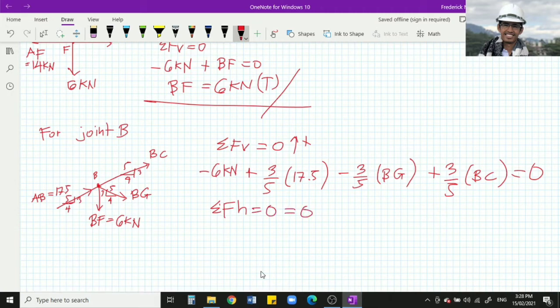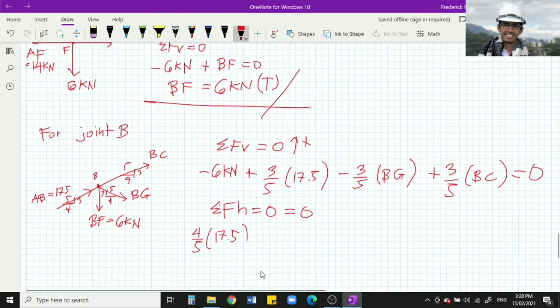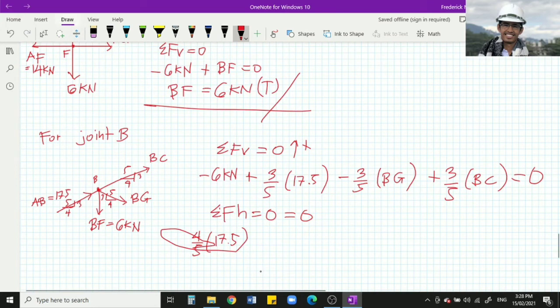So horizontal, yung BF natin hindi natin isasama kasi nasa along y-axis siya. Okay? So ano yung horizontal forces? Yung AB natin, that will be 4 over 5 times AB natin is 17.5.